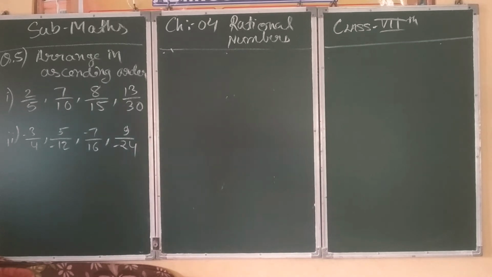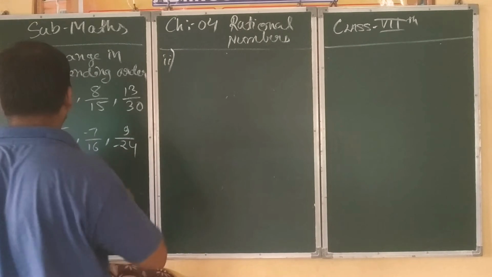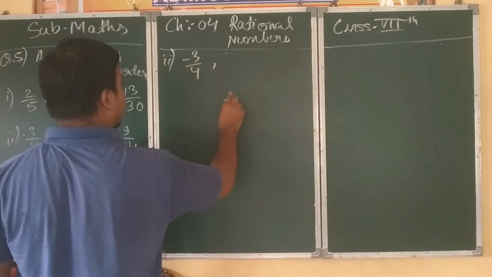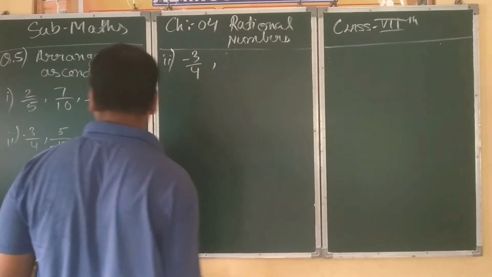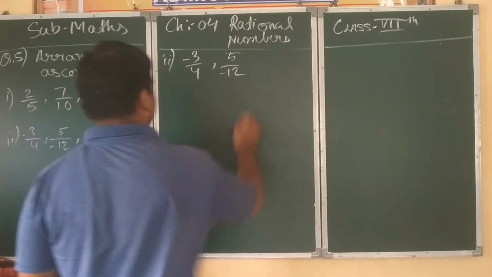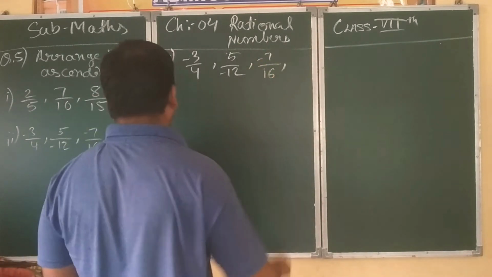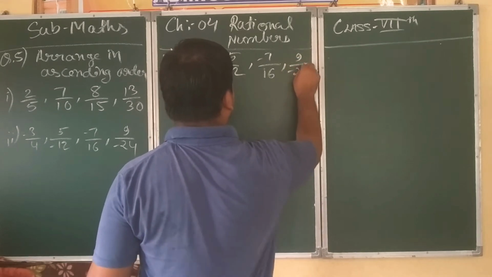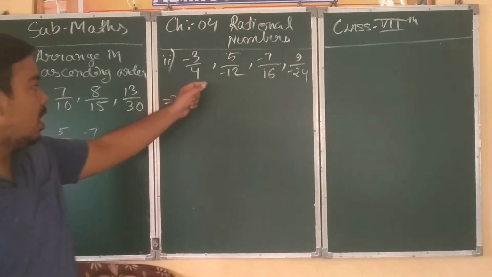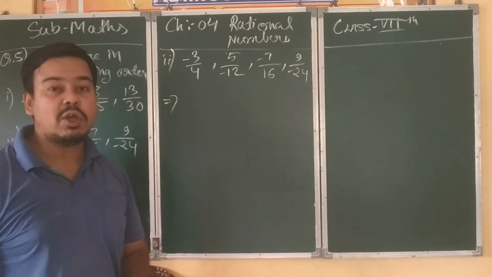Okay, so our next question is question number 2: minus 3 by 4, 5 by minus 12, minus 7 by 16, and 9 by minus 24. First of all, those denominators are negative, so you change them into positive.